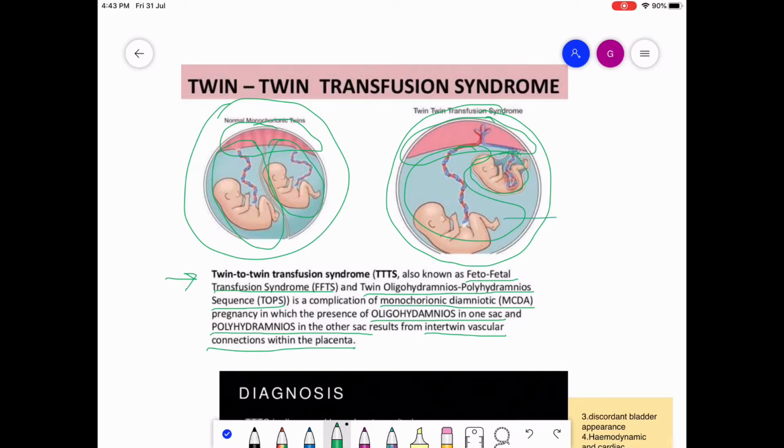So whenever one cavity has an increased amount of fluid, this is known as polyhydroamnios. And whenever the fluid is in less quantity, it is known as oligohydroamnios.